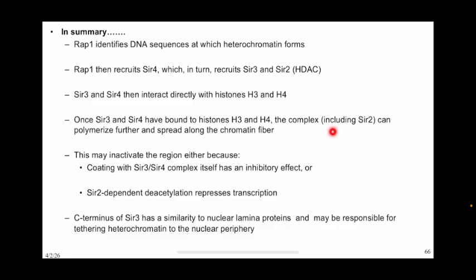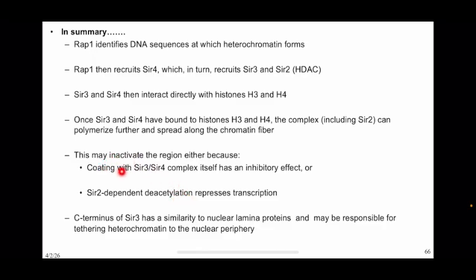We've gone through all of this. So these are two ways a gene region can be inactivated. That's coating with the cell3-4 complex, which itself has an inhibitory effect, and also the function of cell2, which has a further inactivating effect on the region.